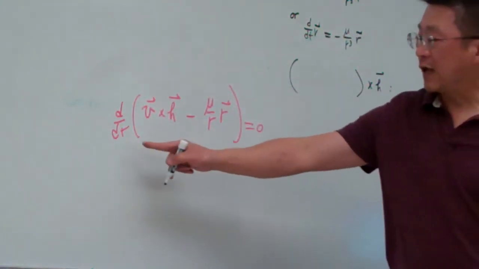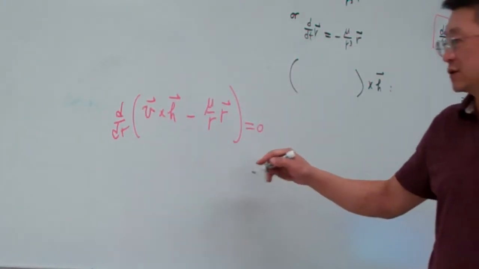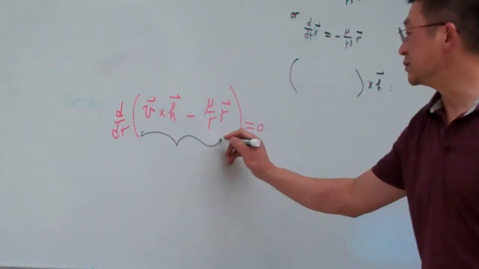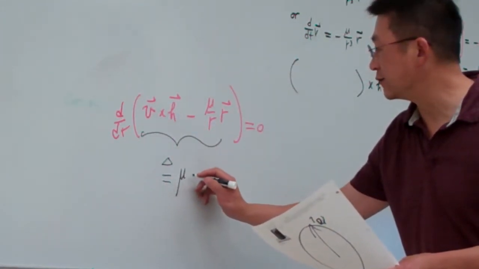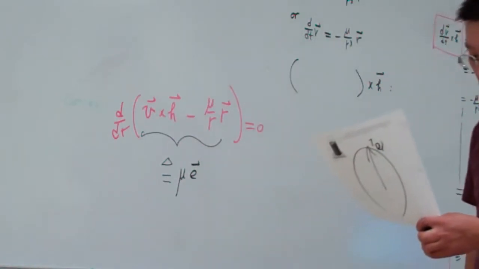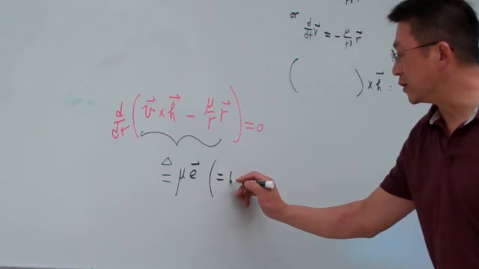You can see a time derivative of a certain quantity equal to 0, so that is also a conservation. The whole thing is defined as mu times the E vector.